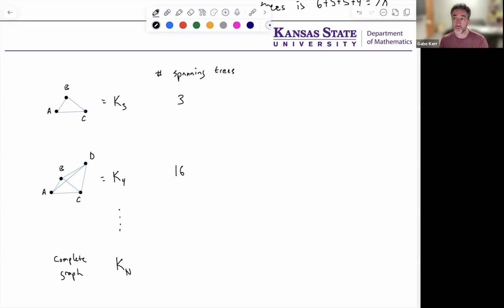It has the highest redundancy you can have for a simple graph with n vertices. And there is a very famous classical formula for the number of spanning trees, which says that the number of spanning trees for the complete graph with n vertices is n to the power of n minus 2. So that grows extremely fast, faster than, so to say, exponential growth.